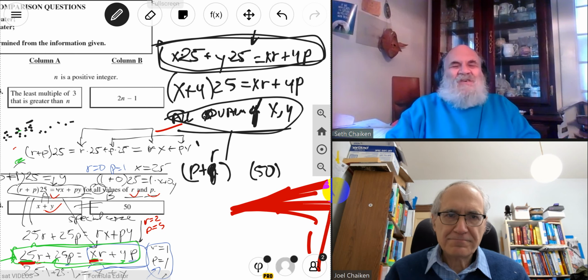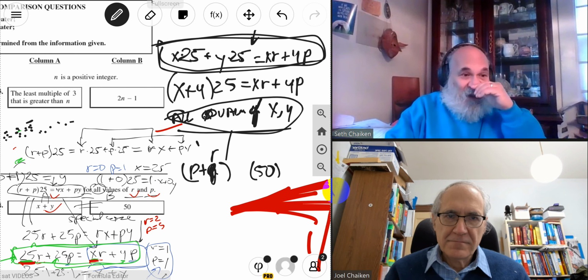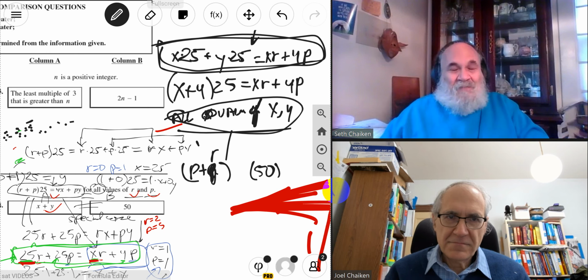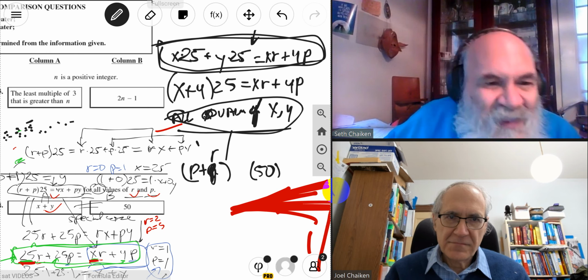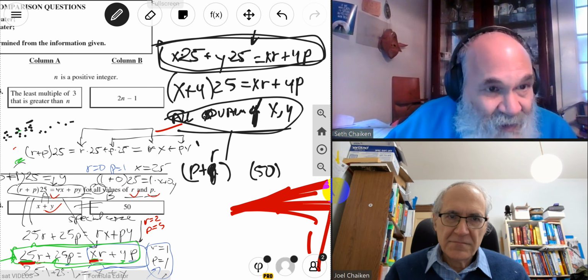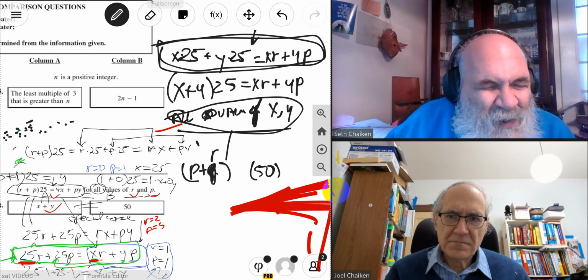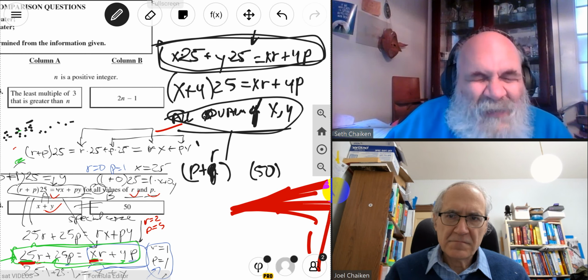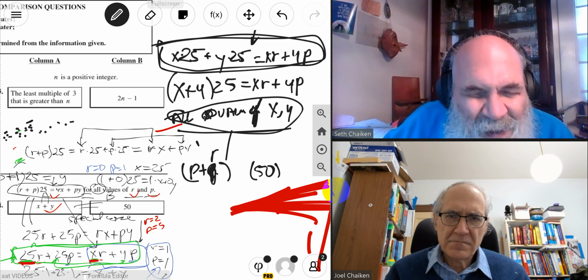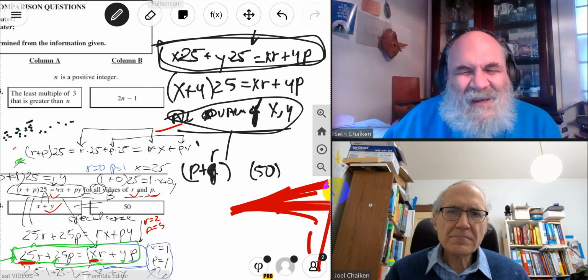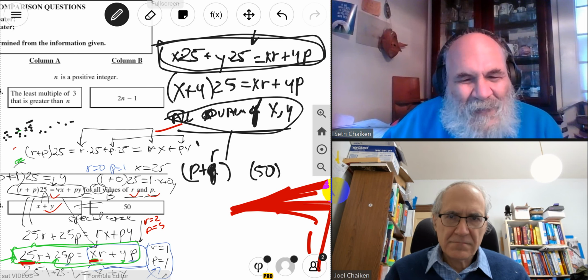As you do math, when a statement is given, what is given? The given is that equation, R plus P quantity times 25 equals Rx plus Py. That's equal for all values of R and P. You really have to take that seriously.